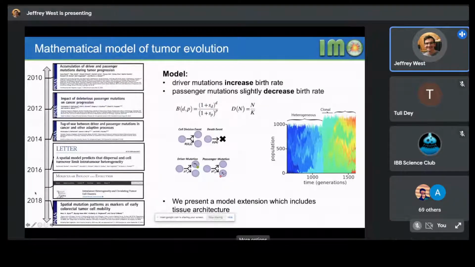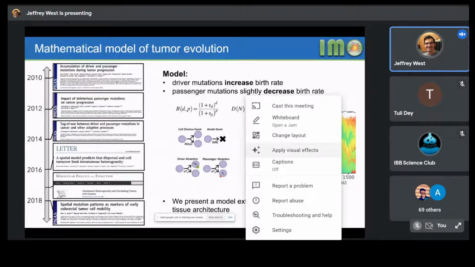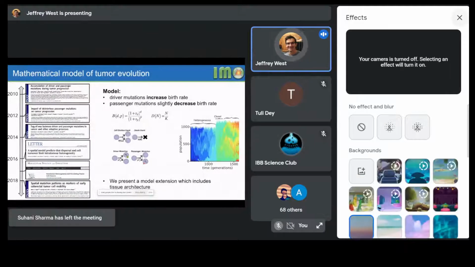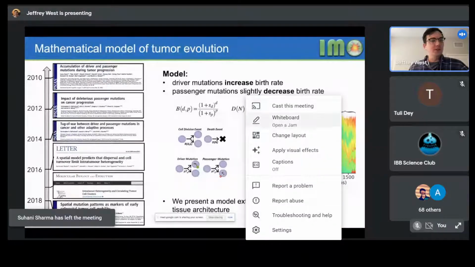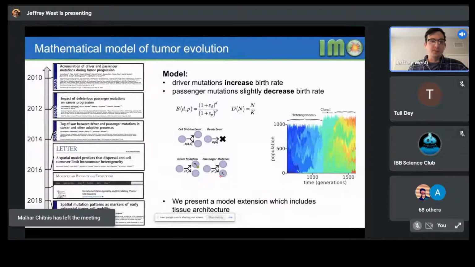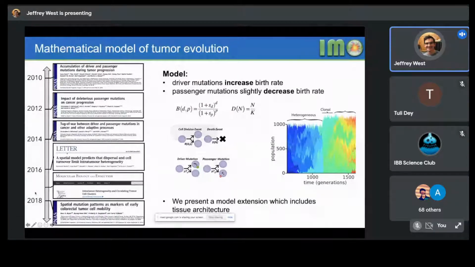So we want to present an extension of this model, which includes tissue architecture. And what I mean by tissue architecture is the role of space. All of these previous models were typically non-spatial models with one or two exceptions. But what we want to do is get more accurate into looking at the actual architecture of a ductal carcinoma.